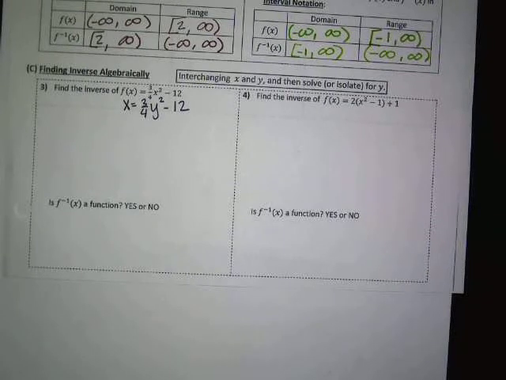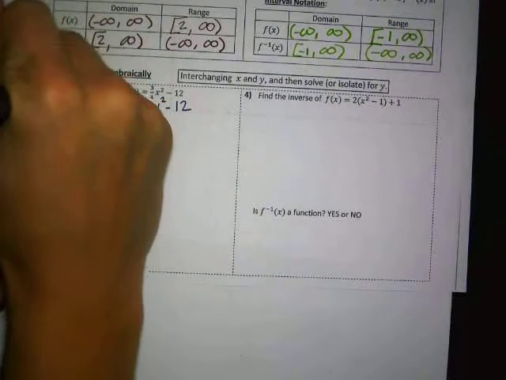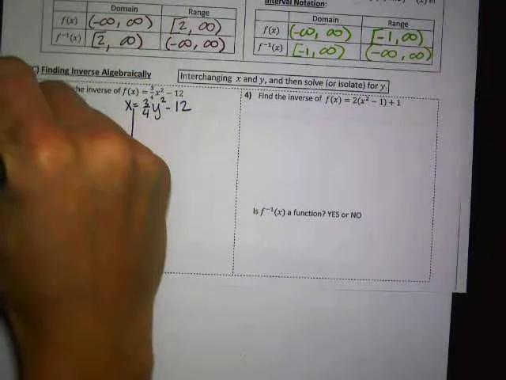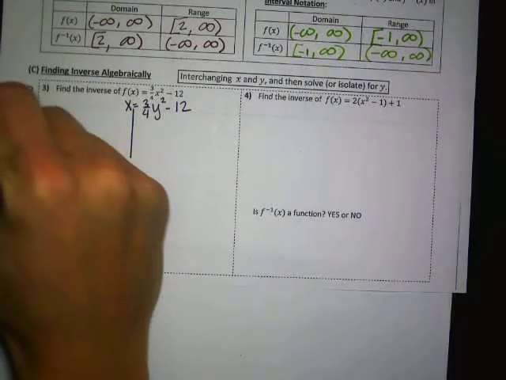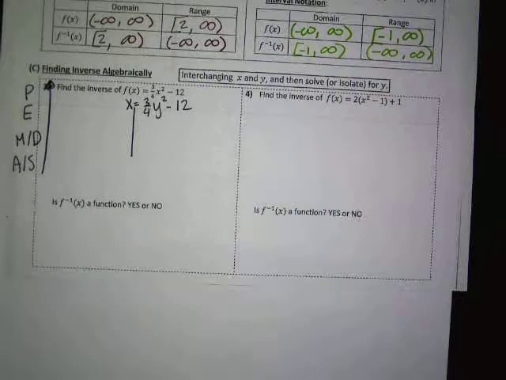All right, so switch x and y. And now we need to get y by itself. So this is when reverse PEMDAS is going to come in handy because it kind of tells you what to do. Because we're solving, we're going to be reversing PEMDAS.